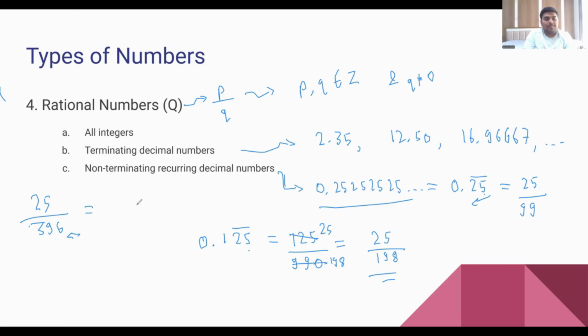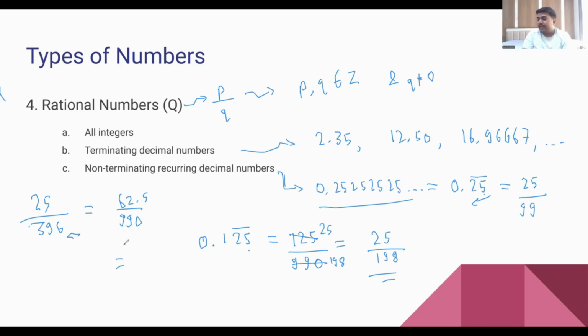Okay. So multiply by 2.5 on both the sides. So this would have been equal to 990 upon 25. So 25 into 2.5 is equal to 25 to the 50 and 12.5, 62.5.